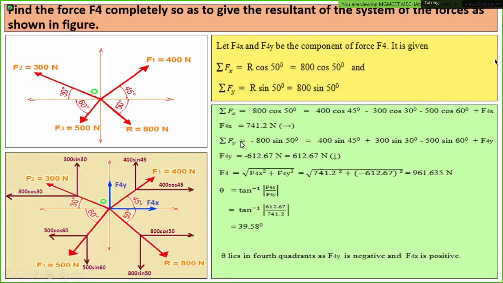Similarly, as I know, the y component of the resultant is nothing but summation of f of y, which is equal to minus 800 sin 50. Write the equation. So equation will be what? एक एक करके सारे y component add कर दो.